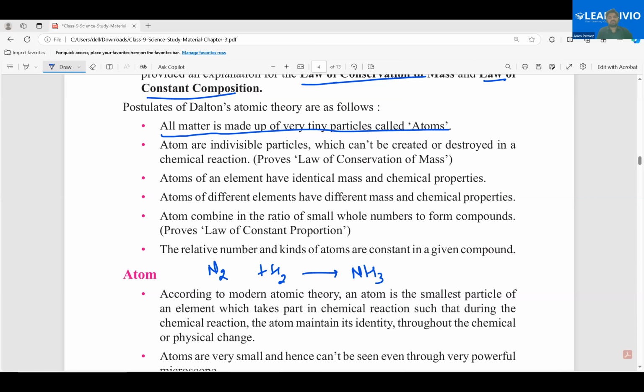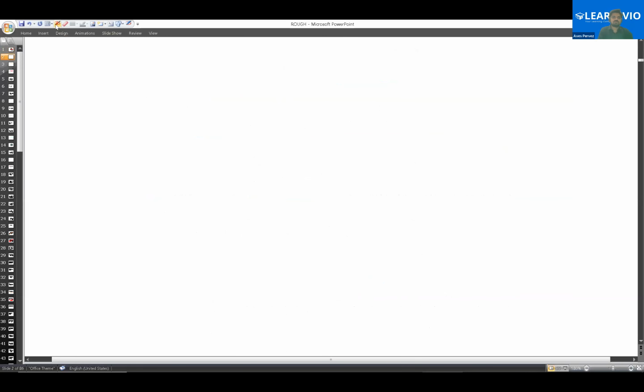If this is the nitrogen atom, it is combining with three hydrogen atoms.